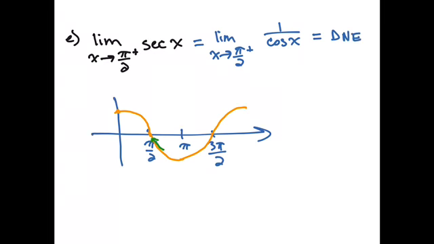But to remind you what secant looks like, if it's 1 over cosine, it matches up at the positive and negative ones. At zeros, it has vertical asymptotes.